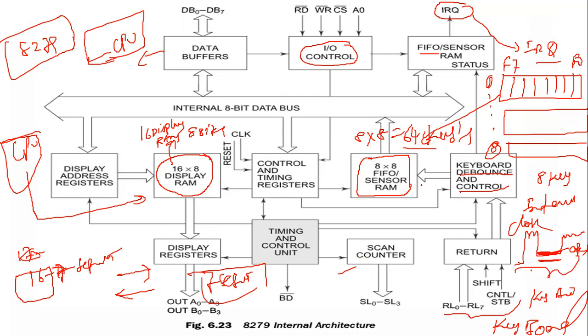To solve the problem of pressing 2 or more keys at a time, the microprocessor uses two techniques. First one is 2 key lockout. The second one is N key rollover.